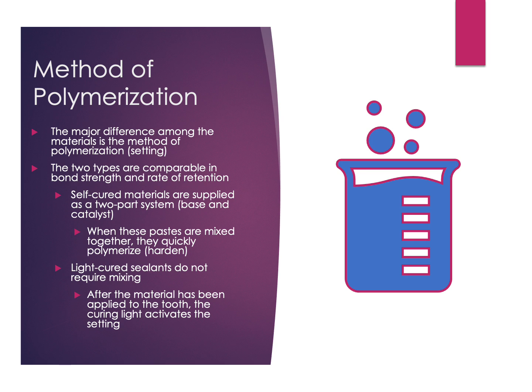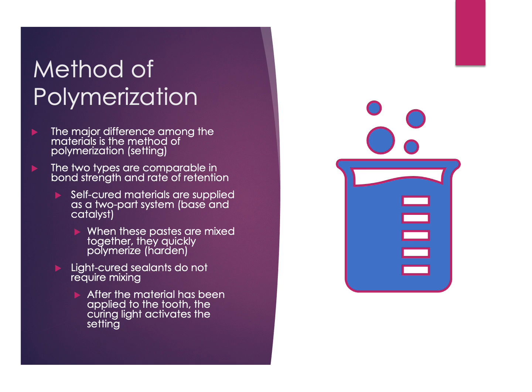Self-cured materials usually set within 1 minute of application. They are supplied as a catalyst and base. When mixed, they harden quickly, so it is important to place the material before the initial stage of hardening or curing begins.